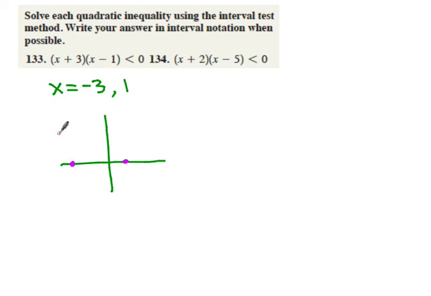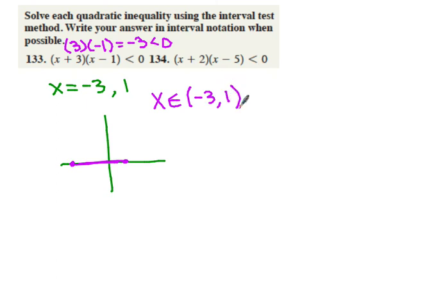So I'm going to check a point. I'm going to pick one in the middle, call it 0. If 0 is substituted in for my x, I get 3 times a negative 1, which equals negative 3. Is negative 3 less than 0? Yes, it is. So I'm going to assume that's true. So my solution set should be x is an element from negative 3 to positive 1.